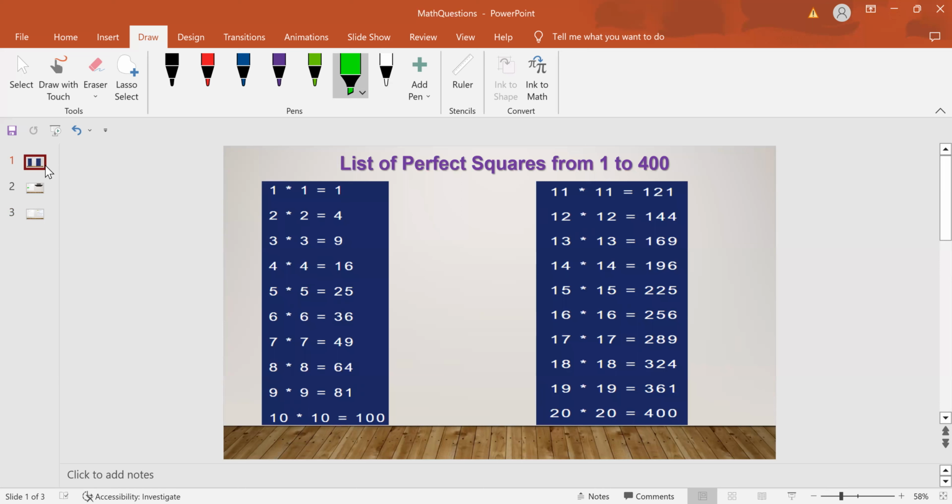I will not spend more time on the perfect squares because in the previous video on radical or square root, I explained the perfect square and how to use it to solve a square root problem. You're going to see the link in the description of this video. If you use the link, that will help you to better understand how perfect squares work.